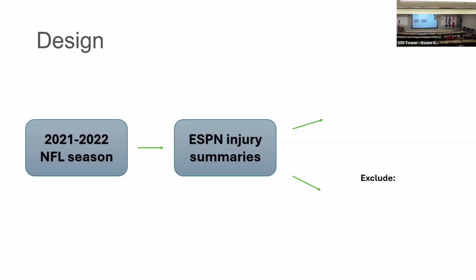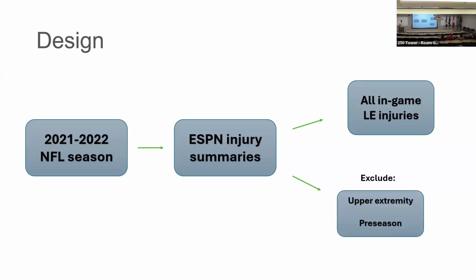That included injury type, player position and age, playing surface, weeks missed due to injury, and whether the patient underwent minor or major surgery. They included all in-game lower extremity injuries, and they excluded any upper extremity injuries and any preseason data.